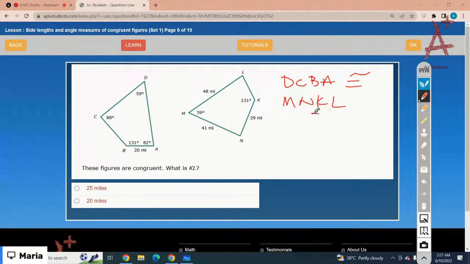You have to look for KL. That means KL and BA are congruent. Got it? BA is 20, so KL is also 20. Basically, the order is important here. So that would be 20.